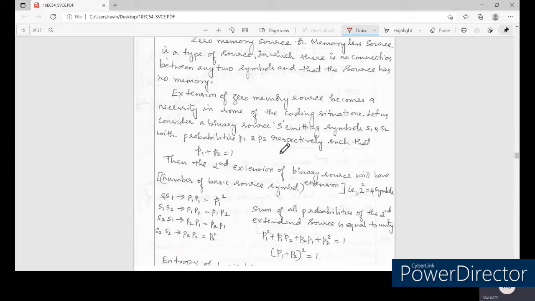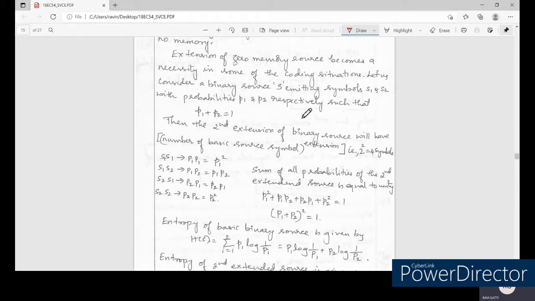So here is one example. In the last class we discussed a source which emits the two symbols S1 and S2 with probabilities P1 and P2. If we want to go for the second extension, then the number of source symbols is given by the number of basic source symbols to the power of the extension.